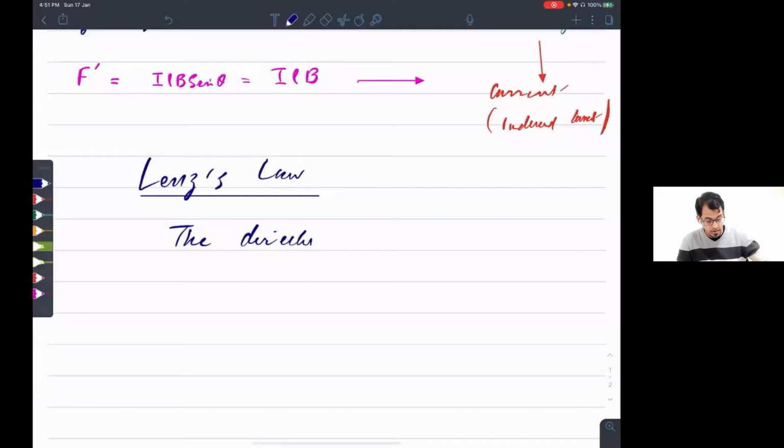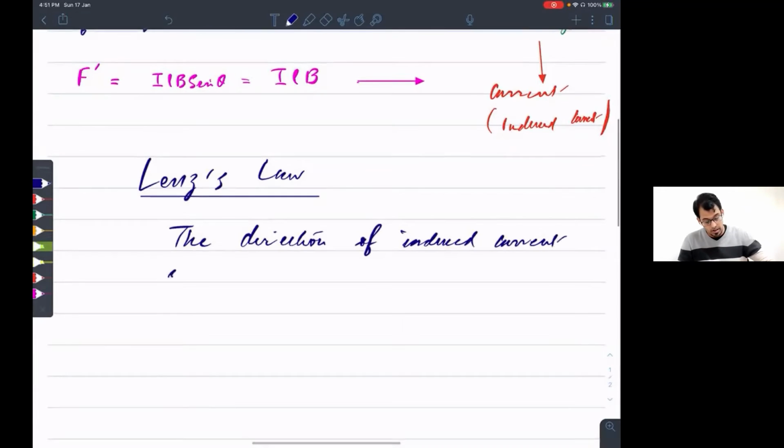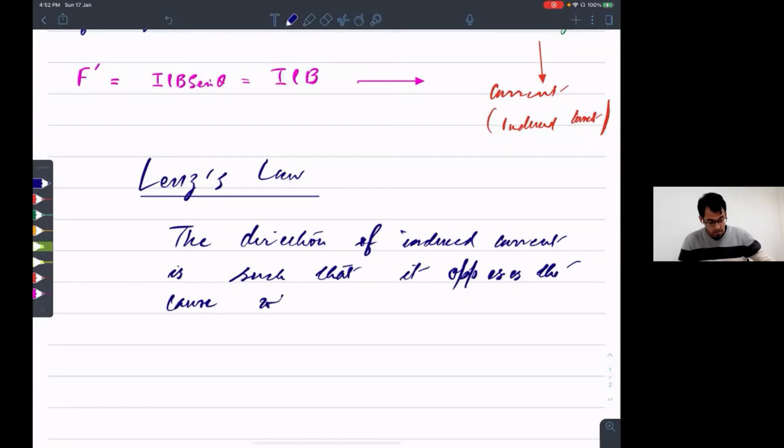The direction of induced current is such that it opposes the cause which has produced it.